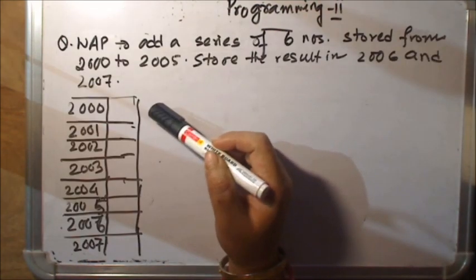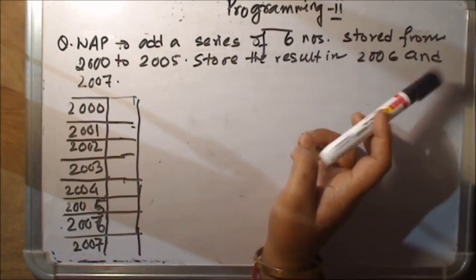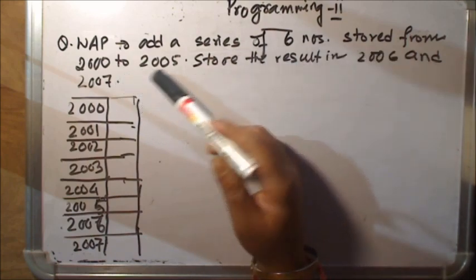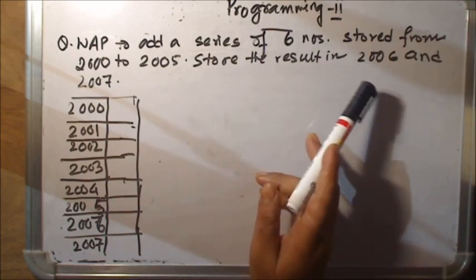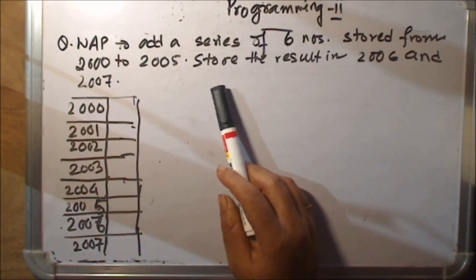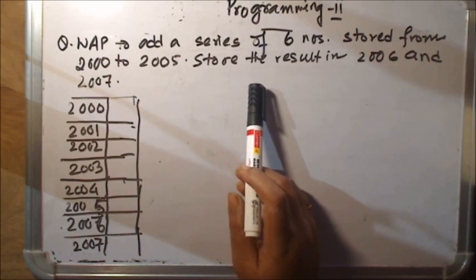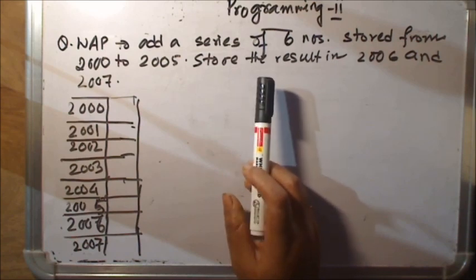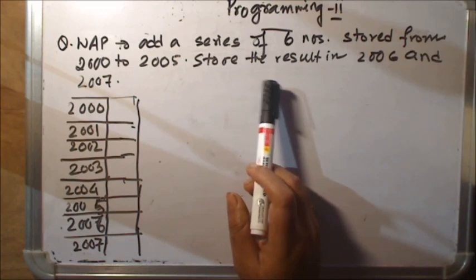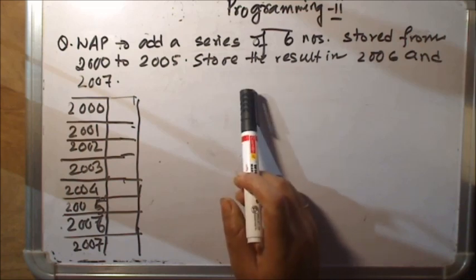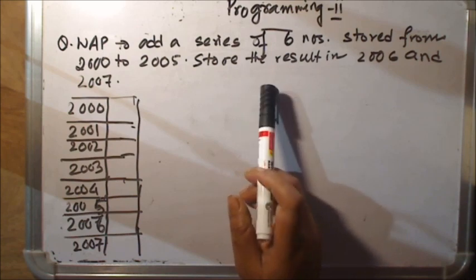Now, the next program is: write a program to add a series of 6 numbers stored from memory location 2000 to 2005. Then, after adding, store the result in 2006 and 2007. Adding 6 numbers and adding 100 numbers are the same. When you add two 8-bit numbers, there will be a sum and a carry, and the carry is either 0 or 1, as we have seen.